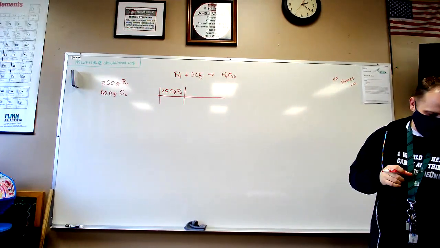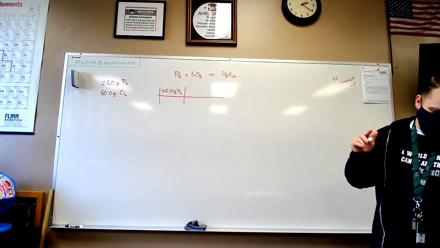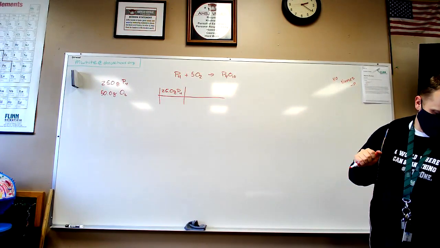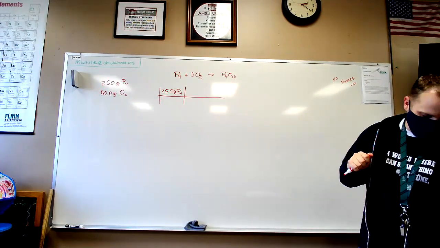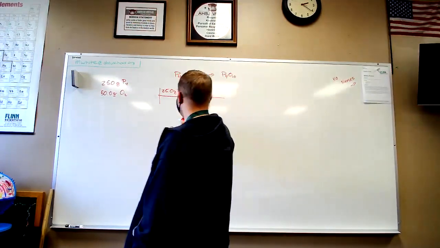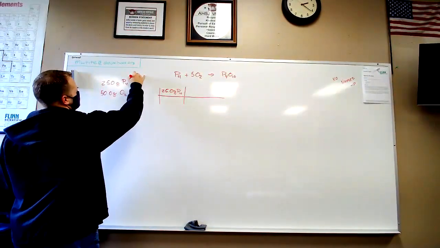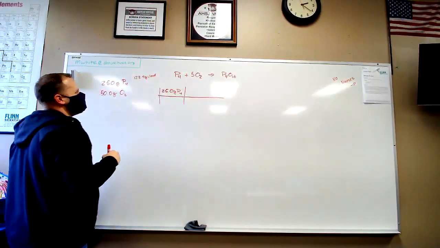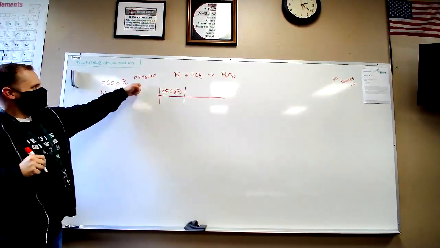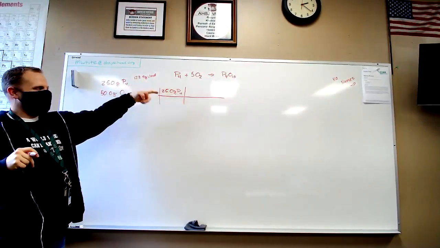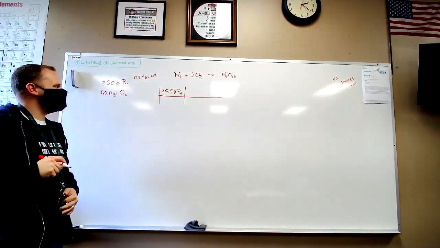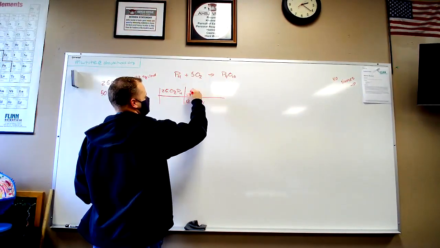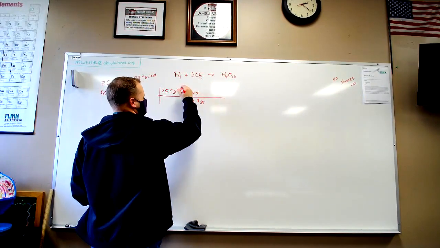But anyway, we take that and we multiply it by 4. And what we end up getting, we'll use the value here in the book, is 123.9 grams. So that's our conversion factor. We're going to put the grams on the bottom because we're trying to get rid of grams. Okay.